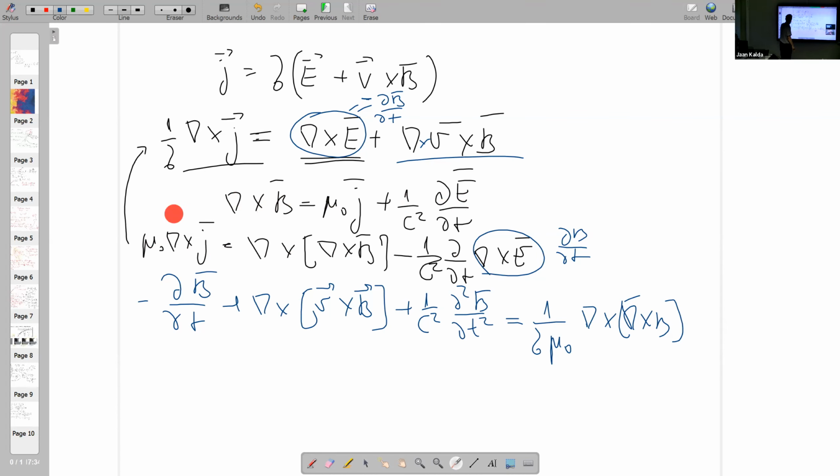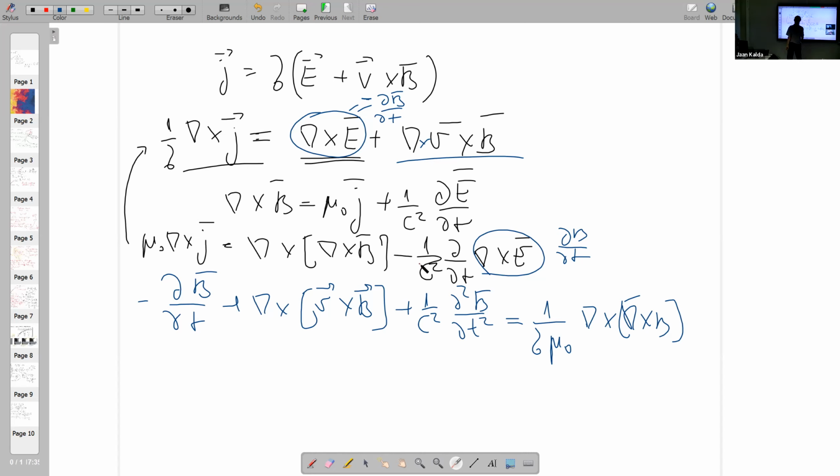And now I take from here curl of J and put it into here. And when I do that, I have 1 divided by mu naught going everywhere, going to here and going to here. Or maybe it should be.